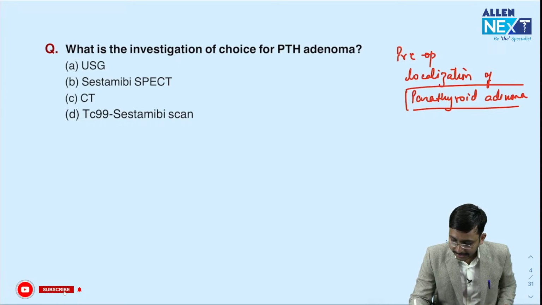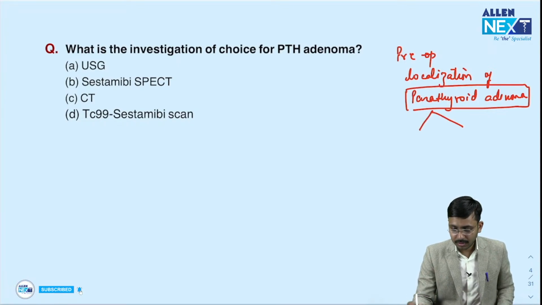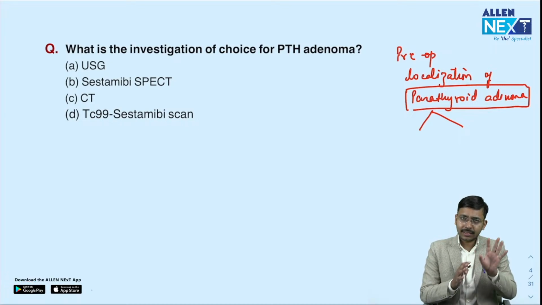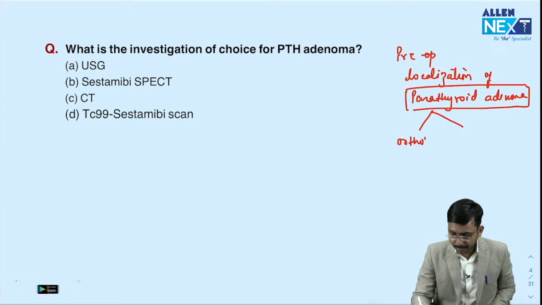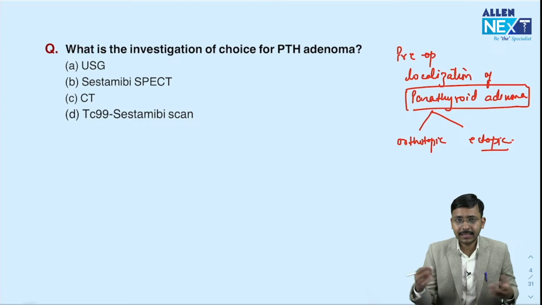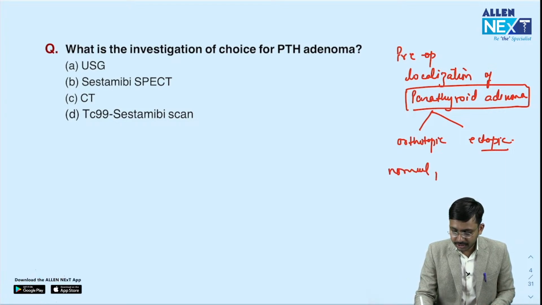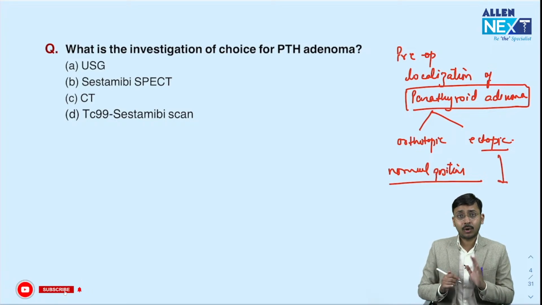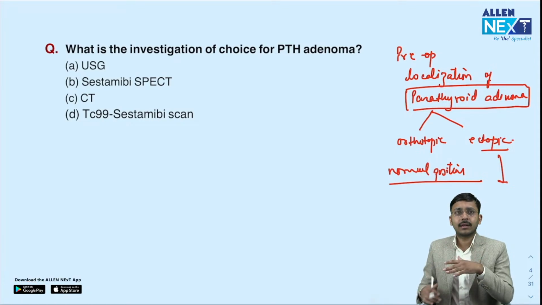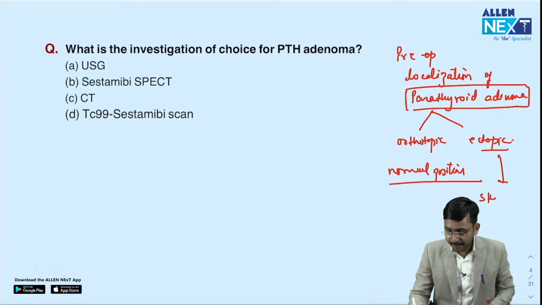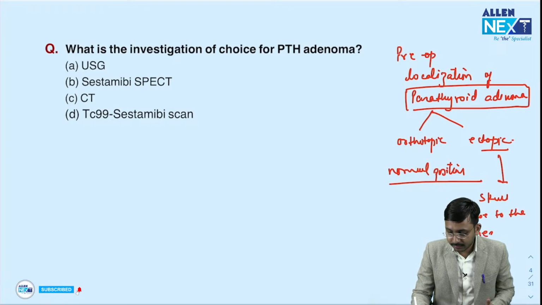Now, parathyroid adenoma, we know, can be present at the normal location of the parathyroid gland. So, they can either be orthotopic or ectopic. Meaning they can either be in the normal position, that is behind the thyroid gland, or they can be ectopic. Ectopic parathyroid glands can happen anywhere from skull base to the mediastinum.